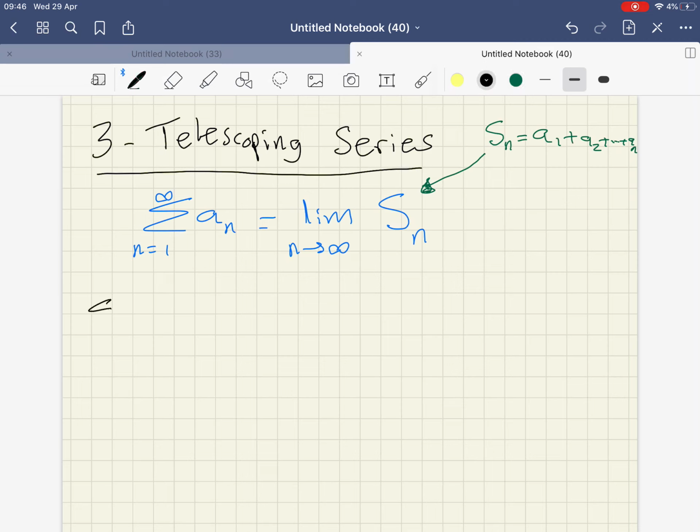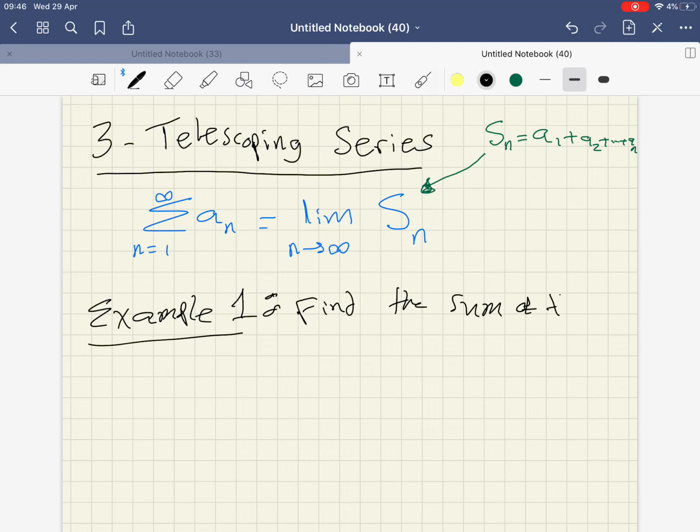Let's do the first example, example number 1. Find the sum of the series, n equal 1 to infinity, ln of n over n plus 1.